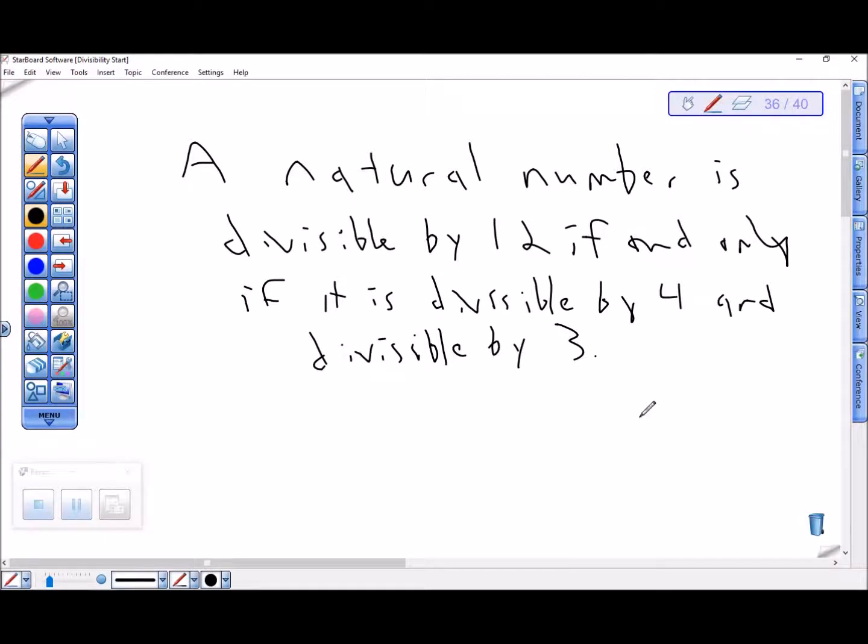Okay, so to be divisible by 12, you have to be divisible by both 4 and by 3.